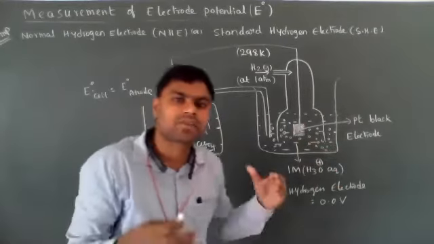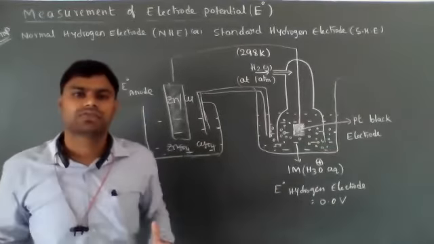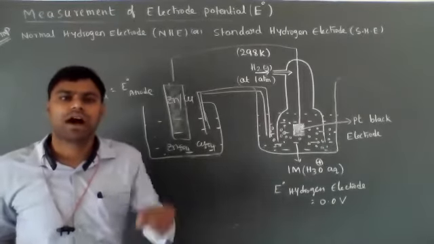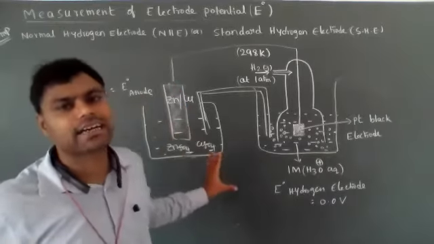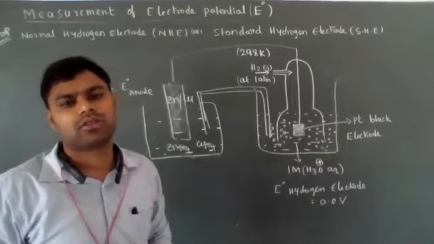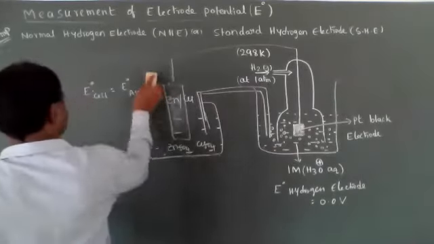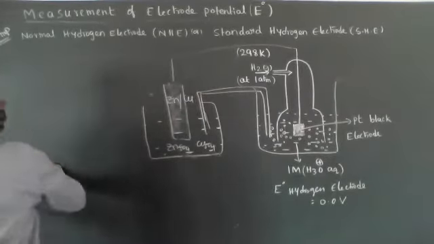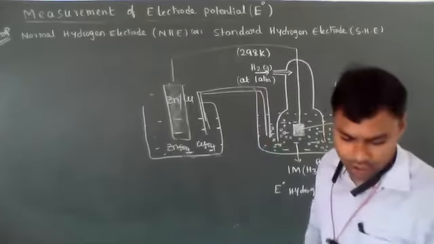That's why we generally use the hydrogen electrode as a standard or reference electrode for the measurement of single electrode potential. See the construction of the hydrogen electrode. From this graph, this is the diagram of the hydrogen electrode.